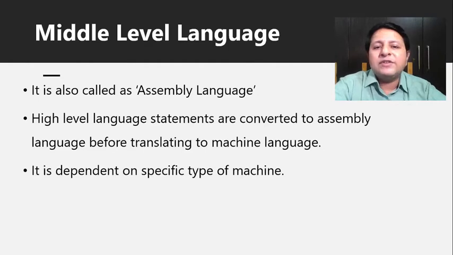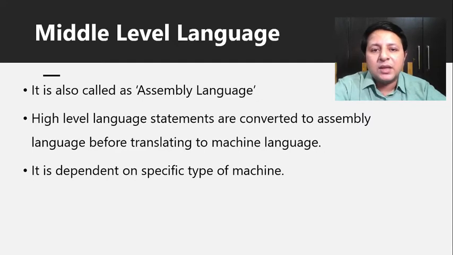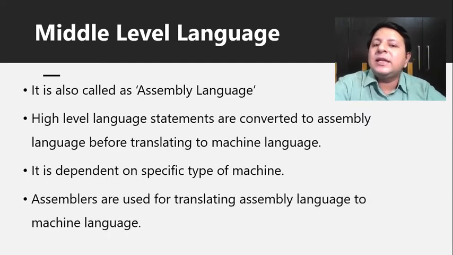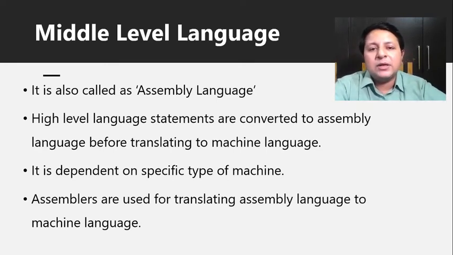This language is machine dependent. Depending on the type of machine, we may have different versions of middle level language or assembly language, because each machine can have a different instruction set, and the opcodes or mnemonics used may change from one type of machine to another. Assemblers are generally used for translating the assembly language into machine language, or low level language, which can be executed further. So as I said, middle level language acts as the intermediator between the high level language and low level language.